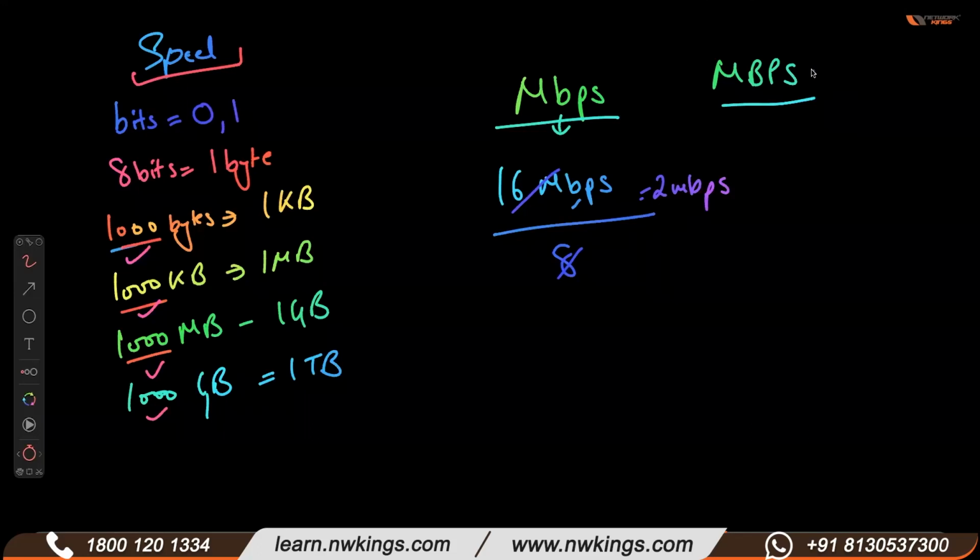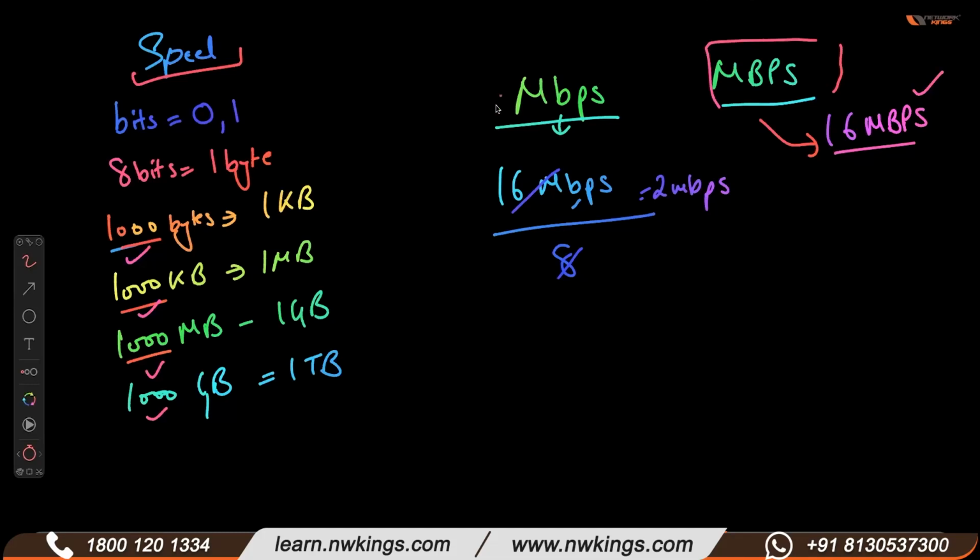If somebody is saying 16 big MBps, which usually never happens, then 16 means that is the actual speed. We will not divide by 8. Got it?